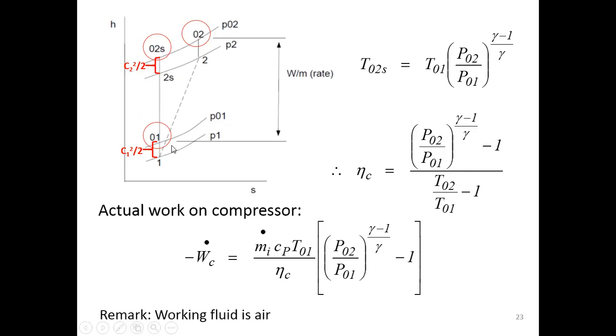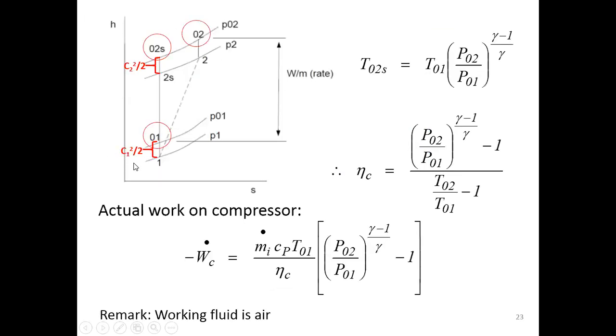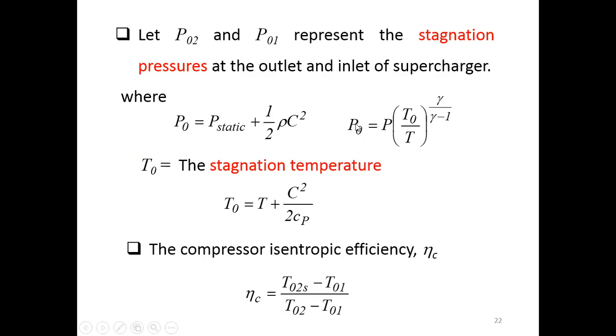That's the reason why, going back to these equations, we can use the isentropic relationship between the stagnation line and the static line, because it is still a vertical line here. So we can have P01 equal to P1 times T01 divided by T1 to the power of gamma over gamma minus 1.